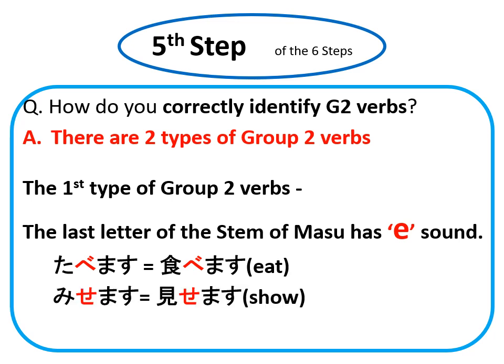Misemasu. Okay, an "i" sound ending stem belongs to group 1. In particular, the first type of group 2 verbs are those with the "e" sound. Okay, as I said, there are 2 types of Japanese group 2 verbs. So let's have a look at the second type of group 2 verbs.